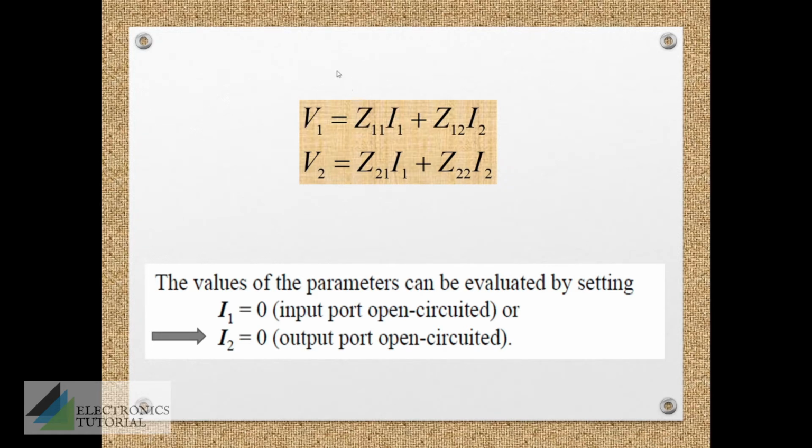Looking at the first equation, I2 is equal to 0 means this term becomes 0. So the remaining equation is V1 is equal to Z11 into I1. We can find the value of Z11 as Z11 is equal to V1 divided by I1.